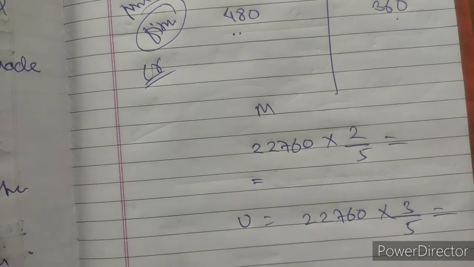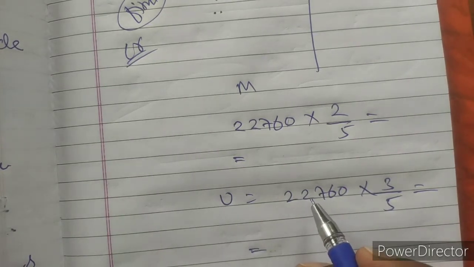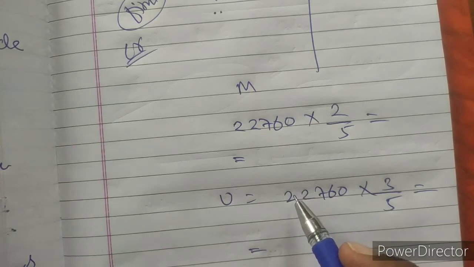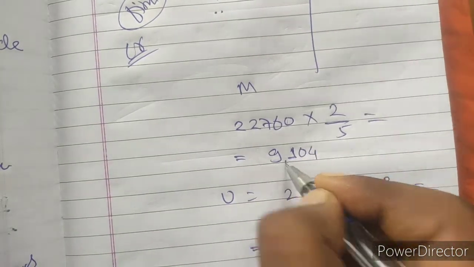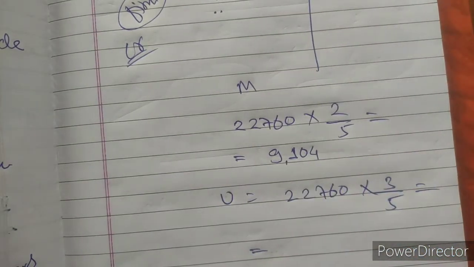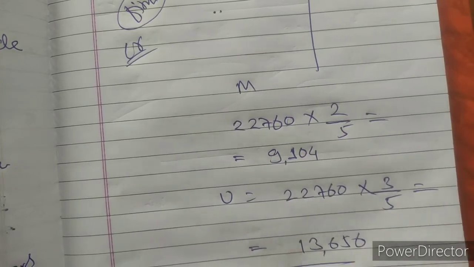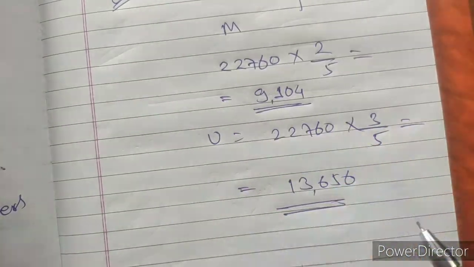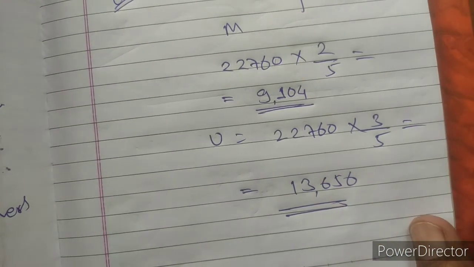If there will be any such confusion, then it will be difficult to solve. After dividing, the amount left is 9,104 for Mita and 13,656 for USA. This is the total leftover amount which will be debited to partner.